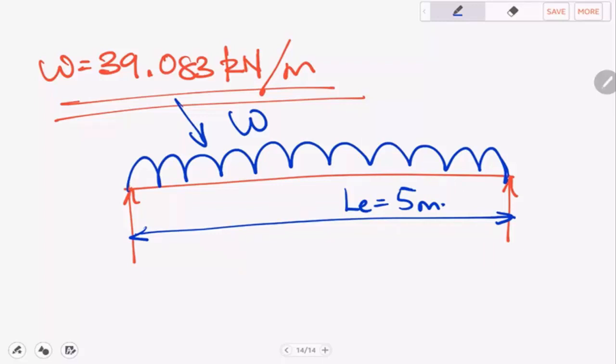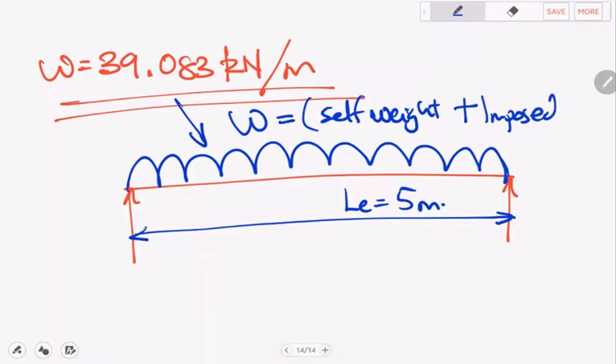But I want you to understand something. The one thing which I want you to understand is that this omega is in two parts. This omega refers to the self-weight plus imposed or live load.